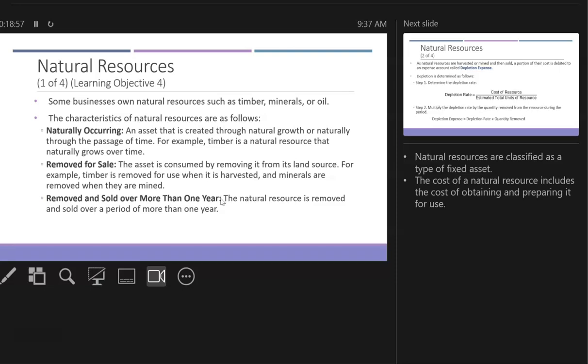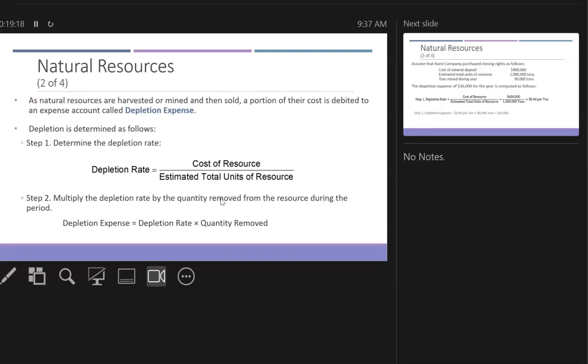They are consumed by removing them from their land source. And the natural resource is removed and sold over a period of more than 1 year. Mainly timber, oil, natural gas is a big one down south. Natural gas is a huge one down south.